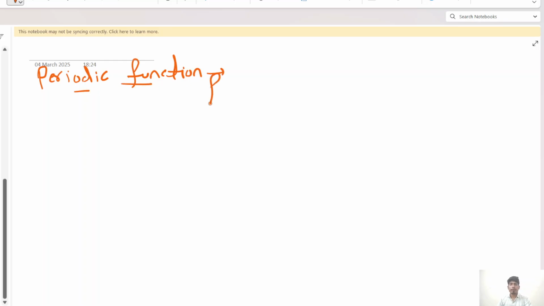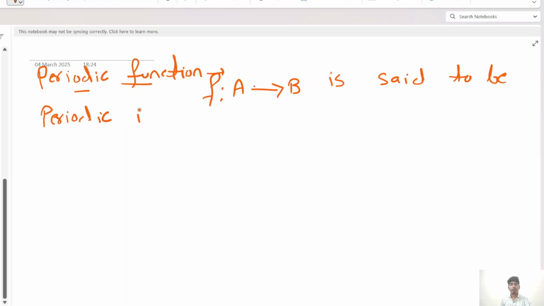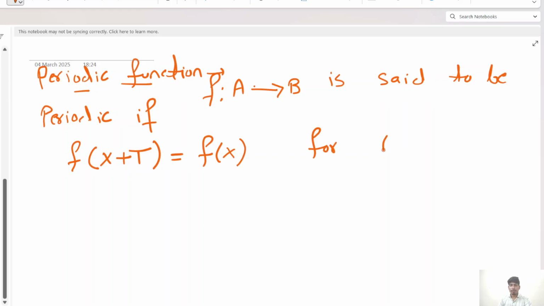A function f from A to B is said to be periodic if f of x plus t is equal to f of x for some t greater than 0.